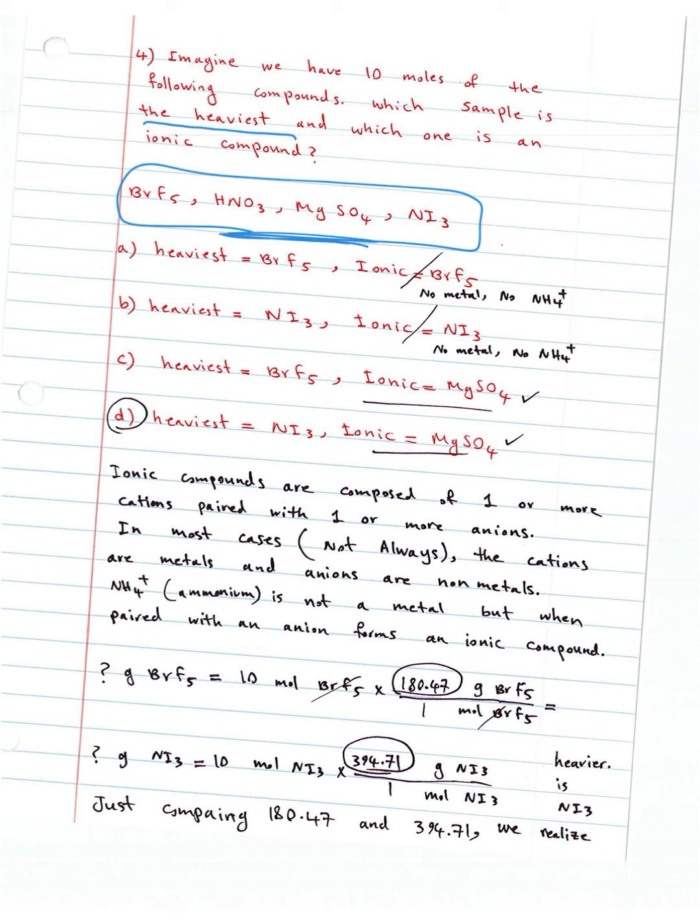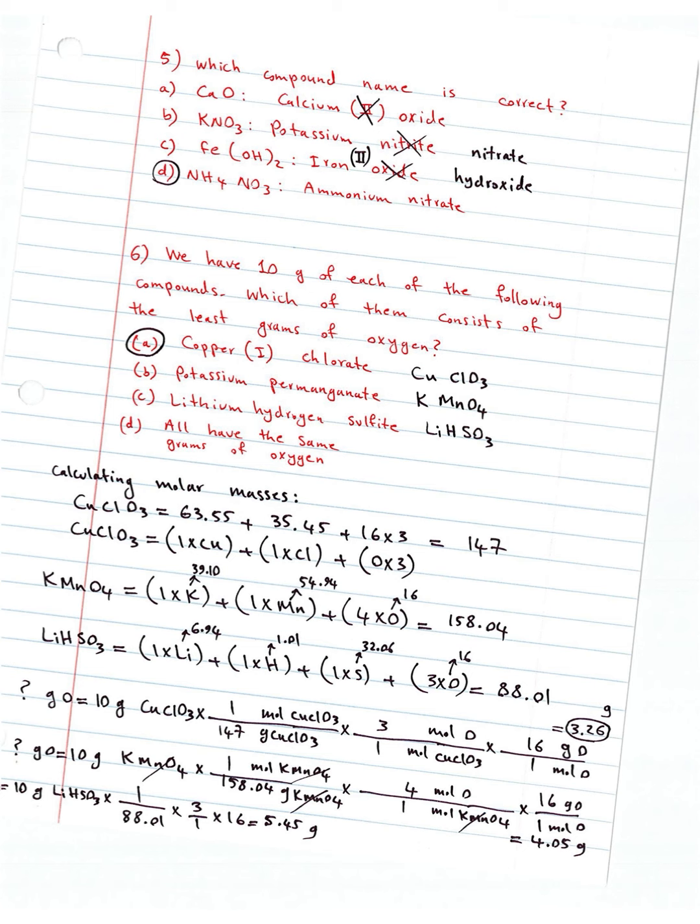So your answer is between C and D. For these, you calculate how many grams of the compound equal 10 moles of that, and with molar mass, you convert them to mass. And then you compare these numbers to see which one is heaviest.